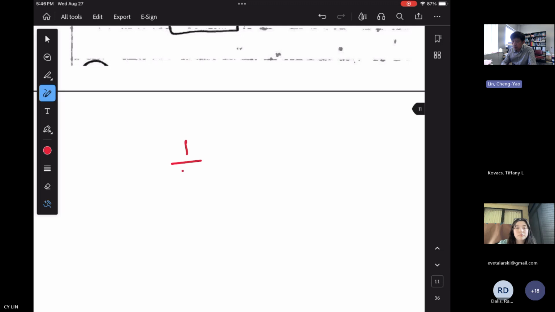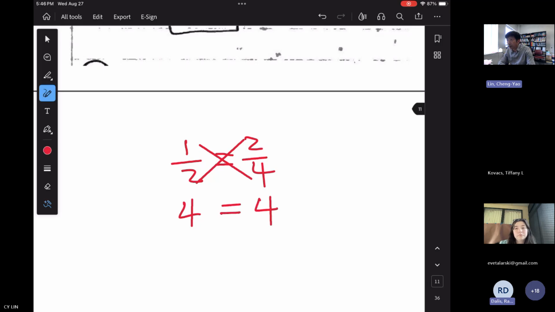For instance, like 1/2 and 2/4. Can we cross multiply? Yes or no? If we cross multiply, we get 4. Yes. We cross multiply, we get 4, so therefore equal. This is an equivalent fraction. Only with equivalent fractions can we cross multiply, not fraction multiplication.